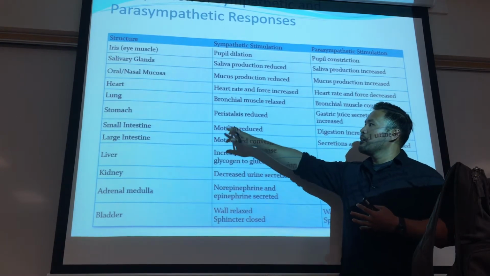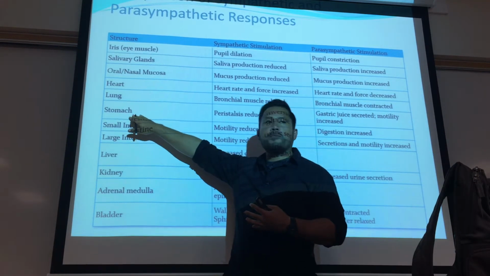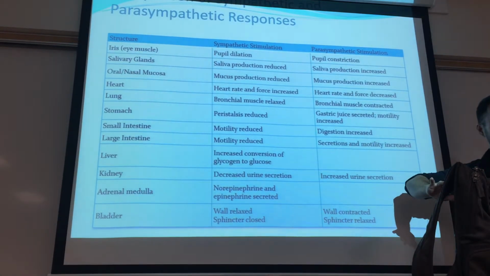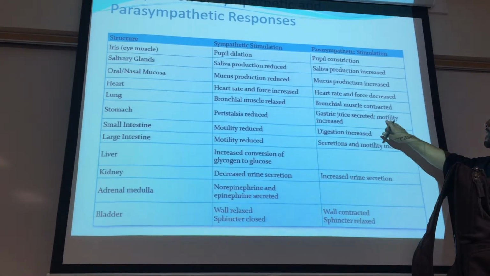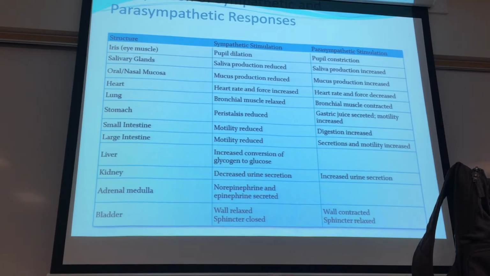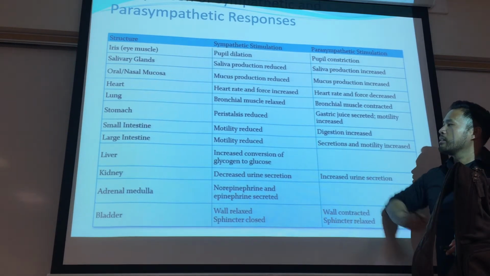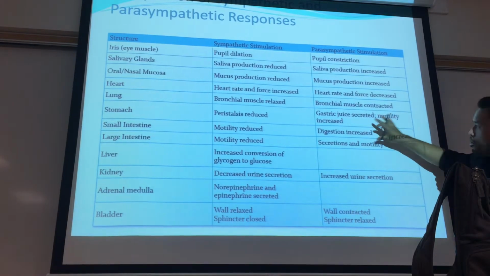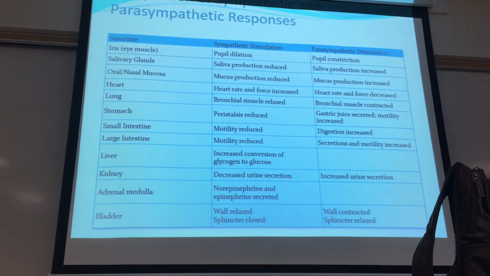Why? Because in fight or flight situations we're not really focused on digestion, so we want to limit that. That we expect to see in parasympathetic, where you start to see increased motility, more movement of the stomach during rest and digest. Small intestine, same thing. Large intestine, less focus on the digestive system in sympathetic pathways, more focus on parasympathetic pathways.